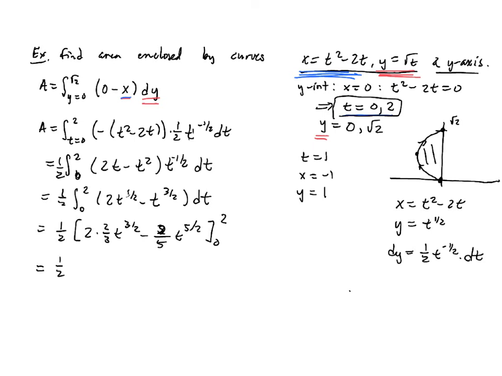So 1/2 times 4/3 times 2 to the 3/2 minus 2/5 times 2 to the 5/2. And if you simplify this, you get 8 square root of 2 over 15.